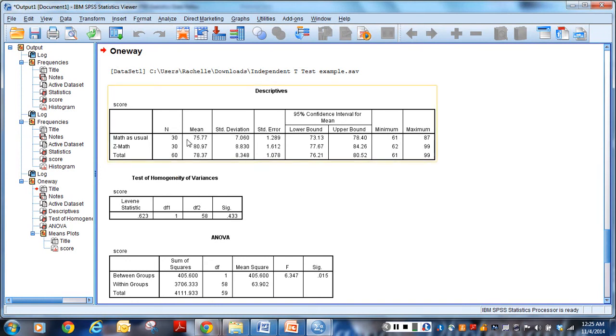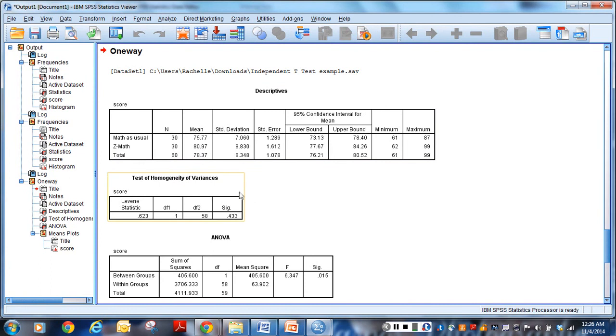Now notice these are the descriptives for our variables. And notice that the ZMath mean score is higher than the math as usual score.